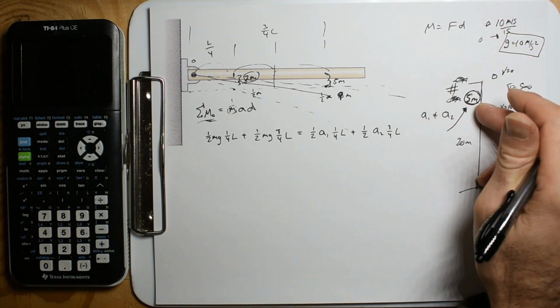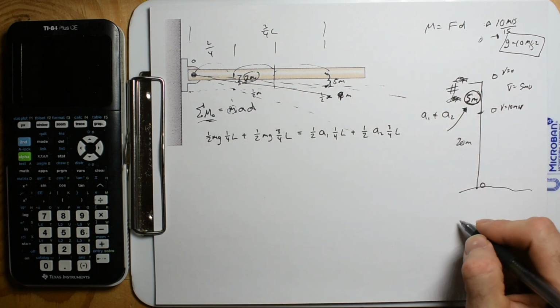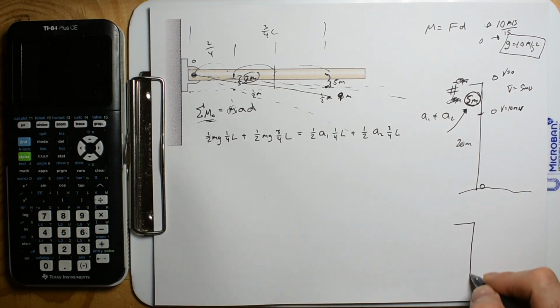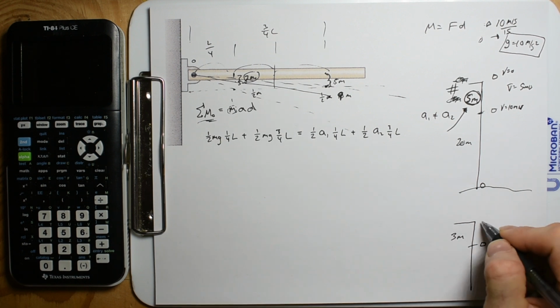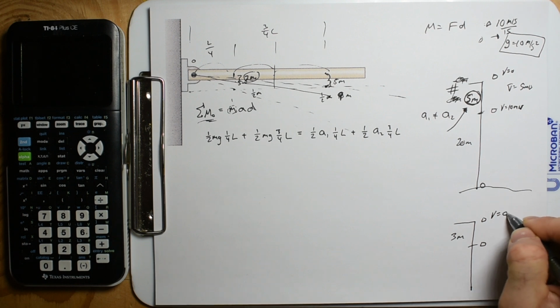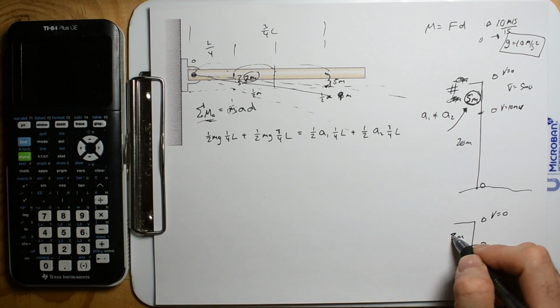So to move backwards, I could say, well, I didn't fall 5 meters. Let's say I'm on a different planet now, and I only fell 3 meters in 1 second. So I know my initial velocity would be 0. What would be my velocity right here to get me 3 meters?